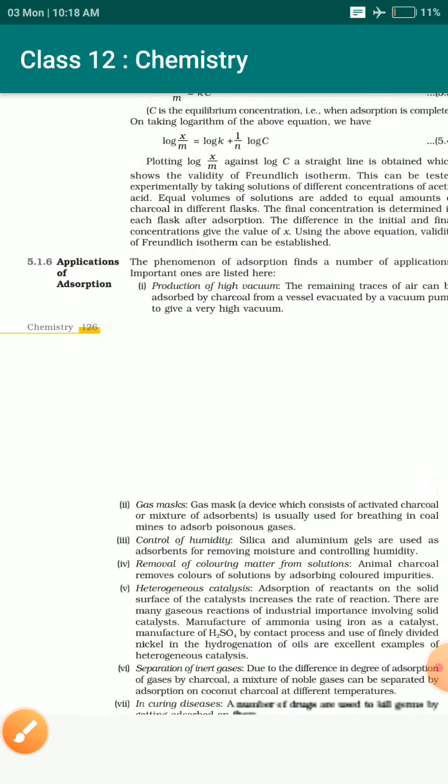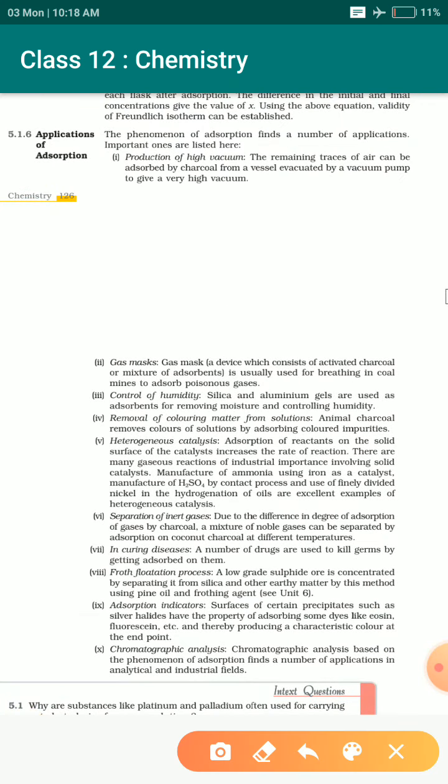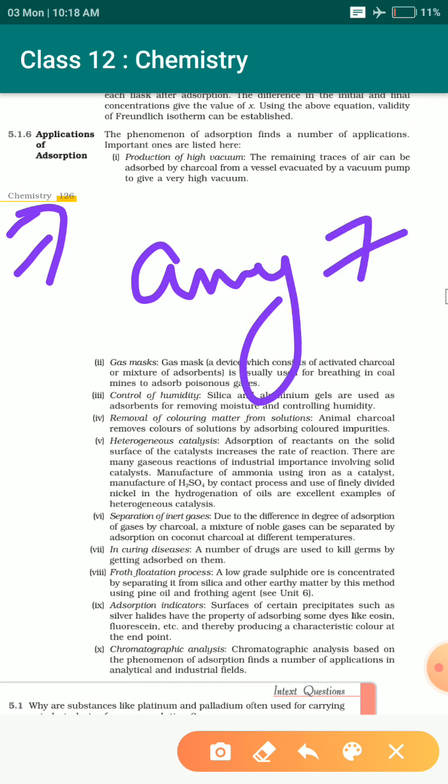Okay, these are some of the adsorption scenarios or applications. Read it, write it by yourself. There are 10 topics given. You can write any 7 of them, whichever you find easy. These are applications or examples of adsorption that take place in our daily life. So read it, write any 7 of them as homework.